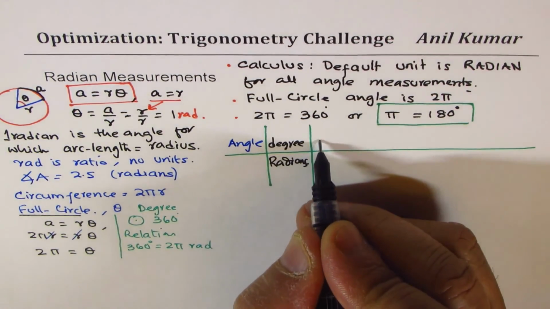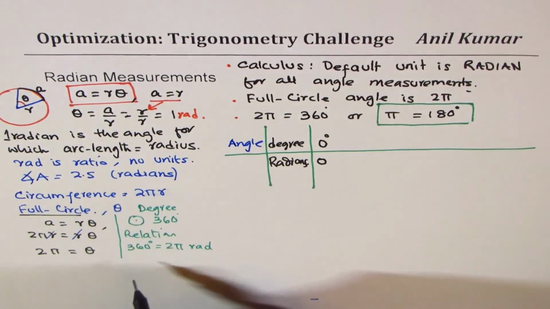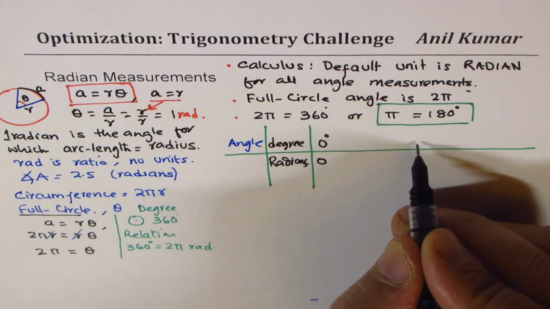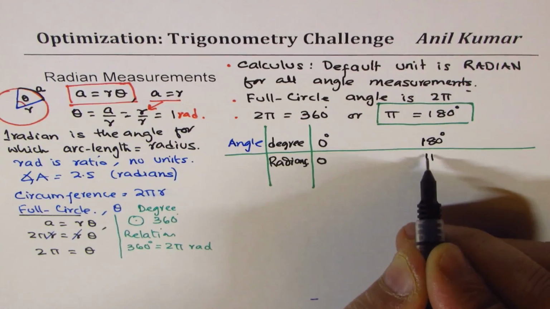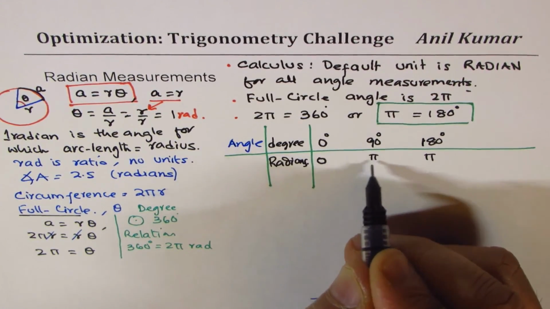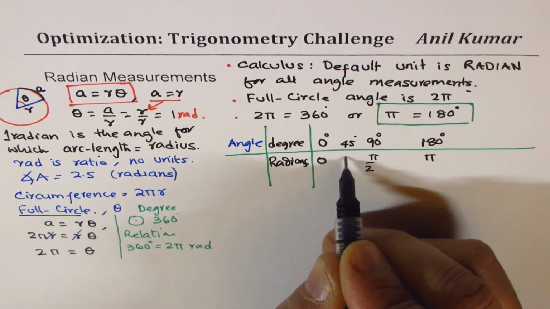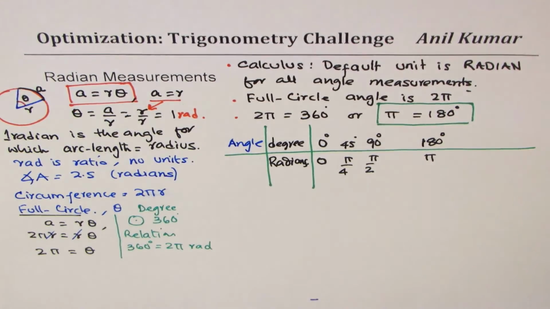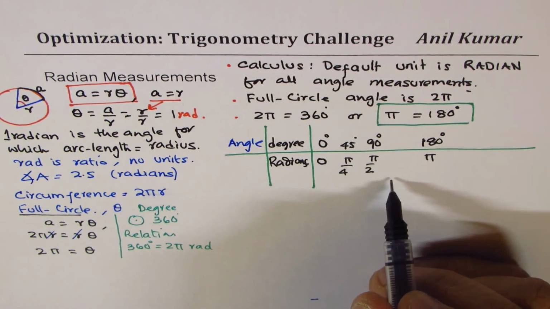So if the angle in degrees is 0 degrees, in radians again it is 0, we'll use this conversion factor, correct? If I use 180 degrees, I have a radian value of pi. Half of 180 is 90 degrees, so it should be pi by 2. And half of 90 is 45 degrees, so it could be pi by 4. Does that make sense to you? Is that all right? Perfect. So these are a few easy ways of figuring it out.